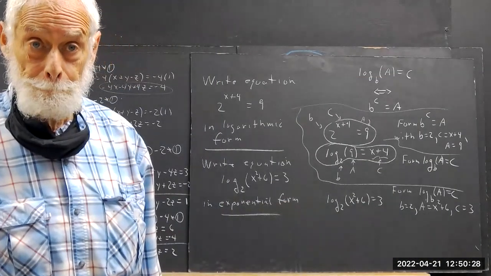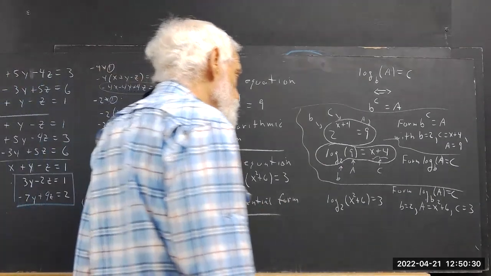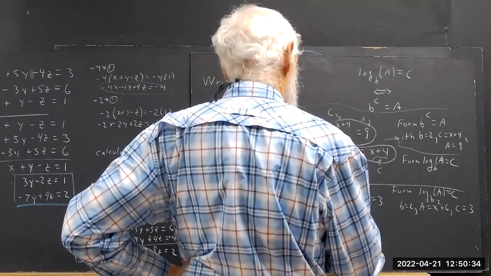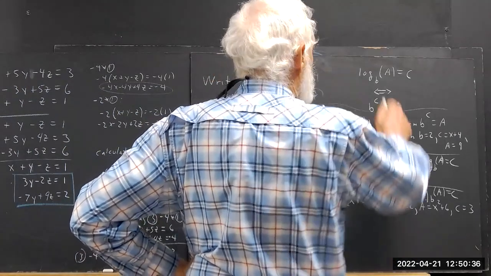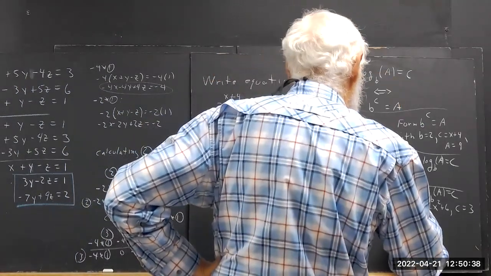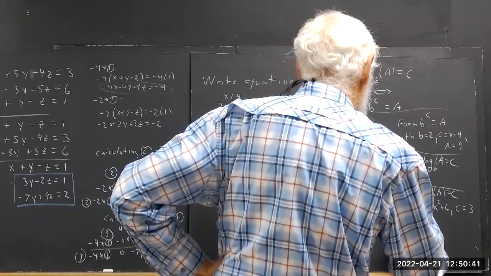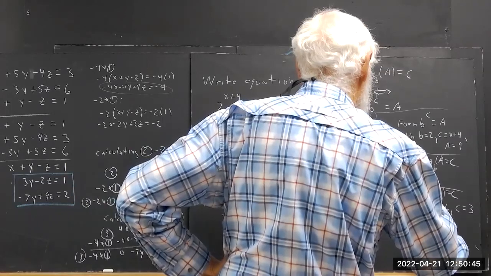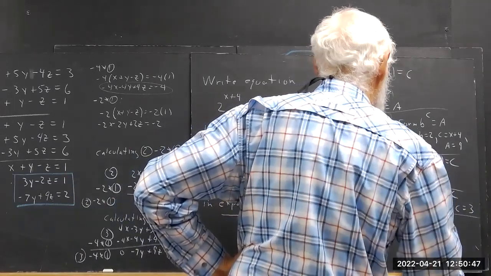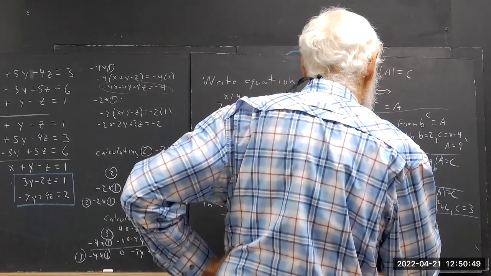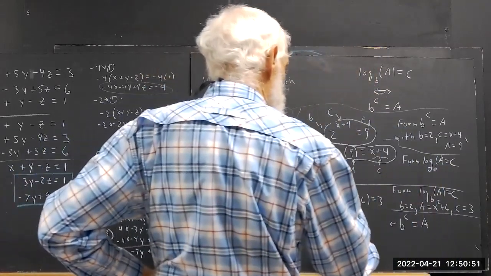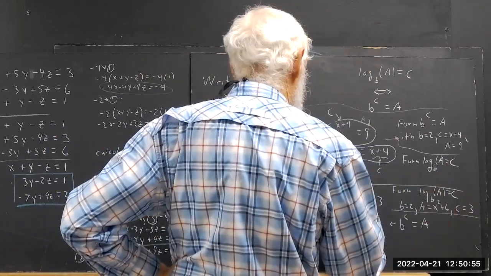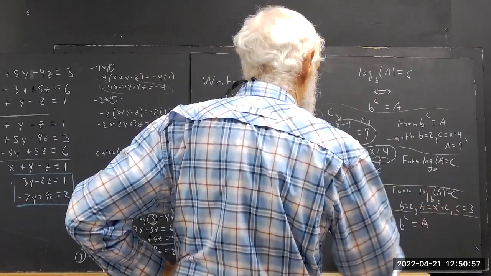All right. So you write this in this form. It's going to be put into the form b to the c equals a. And that gives you b is 2, c is 3, a is x squared plus 6.